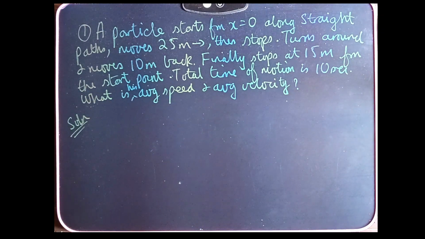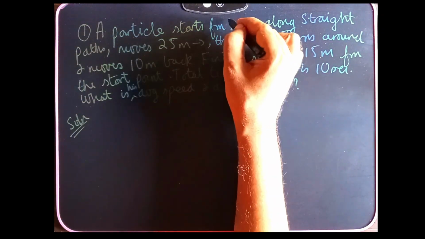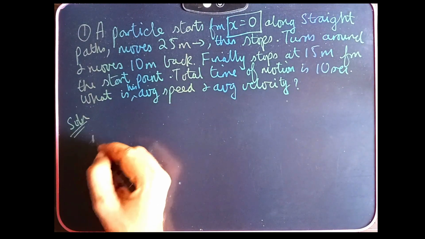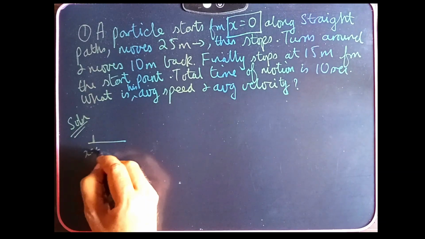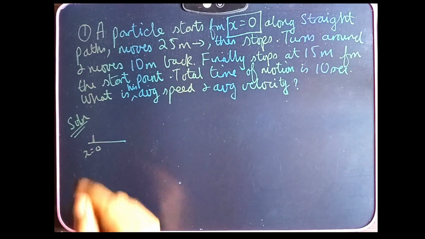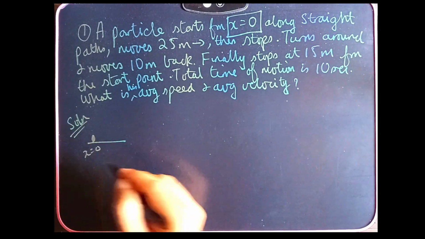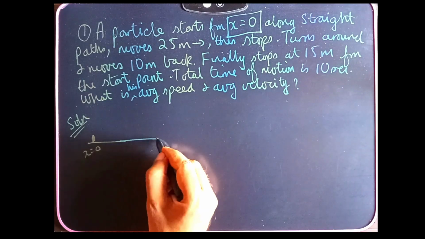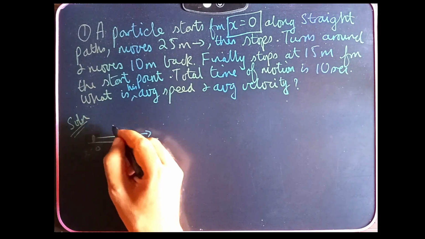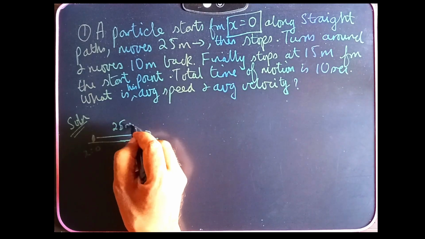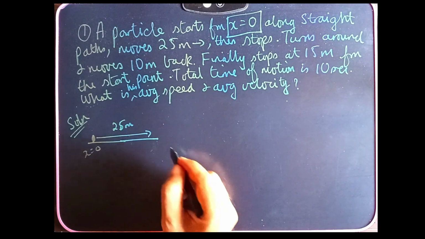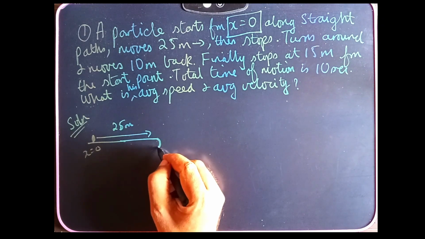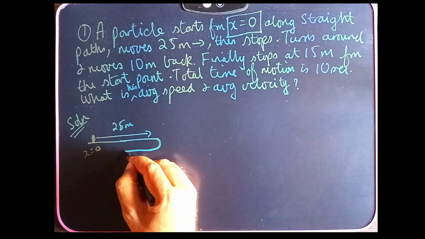Let us see what is given. A particle starts from x is equal to 0. That means this is the origin, x is equal to 0. This is the particle, which moves along the straight path, moves 25 meters and then stops. It stops here, turns around and moves 10 meters back.